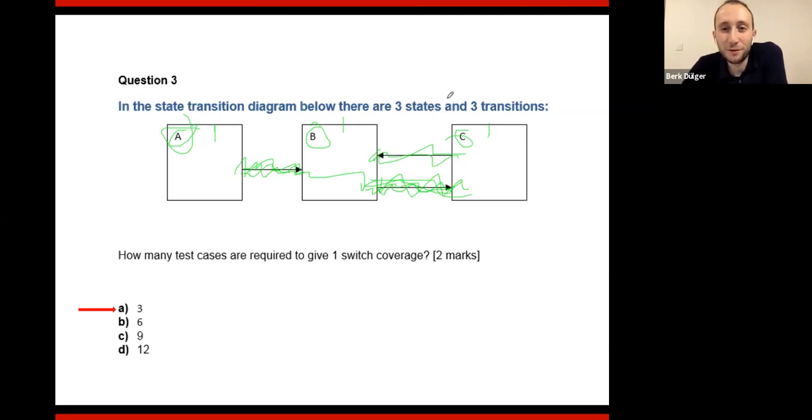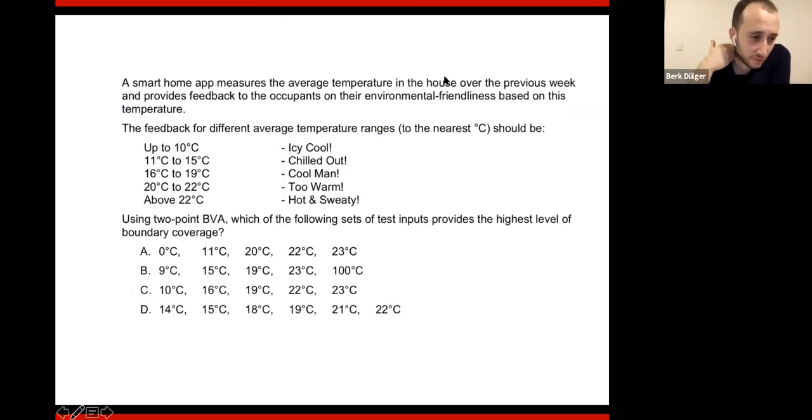No problem. Okay. So, the final question, the last one. A boundary value analysis question.